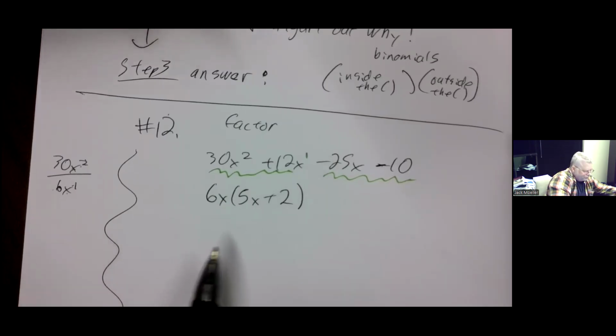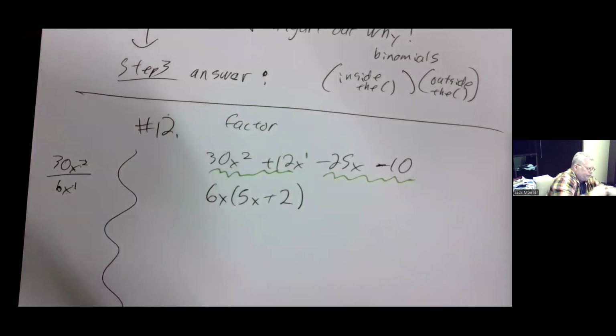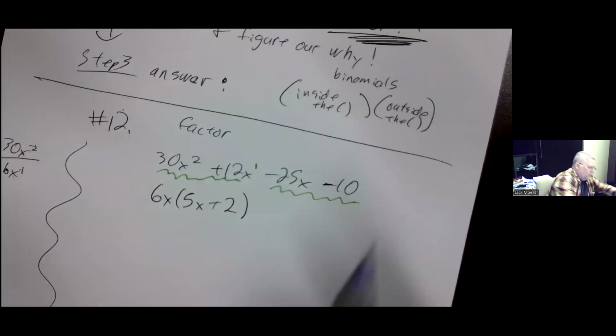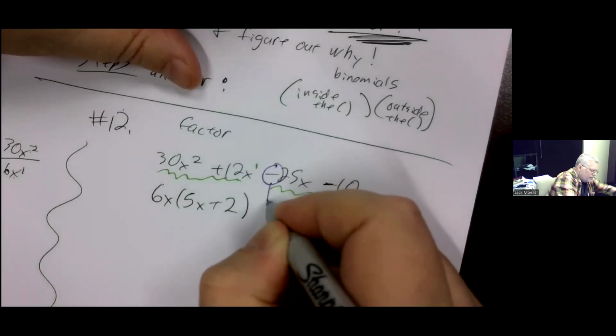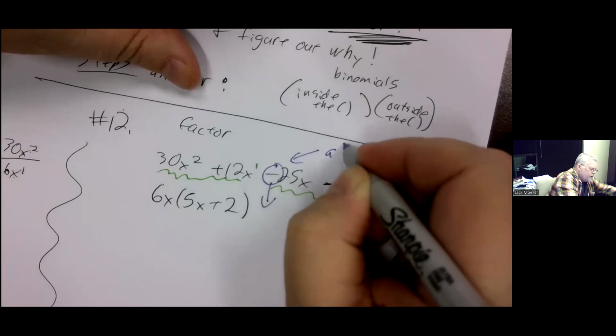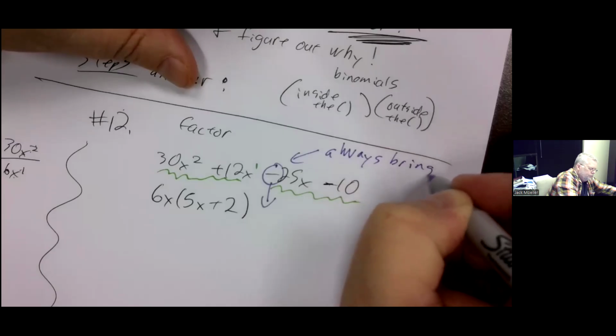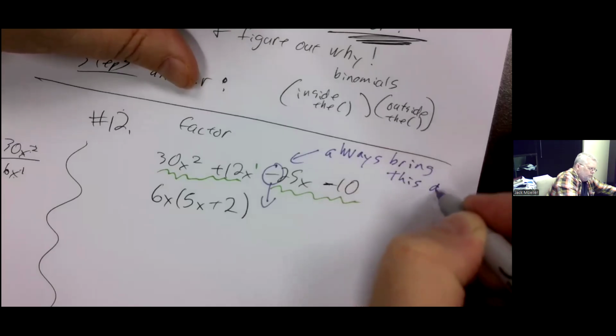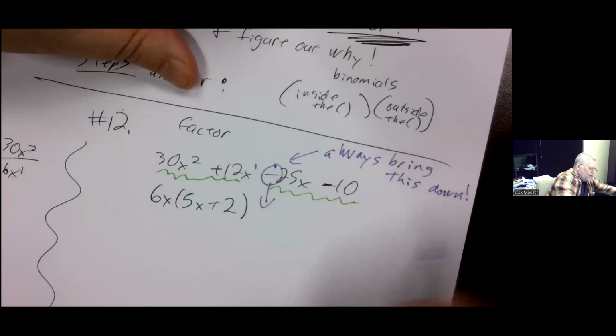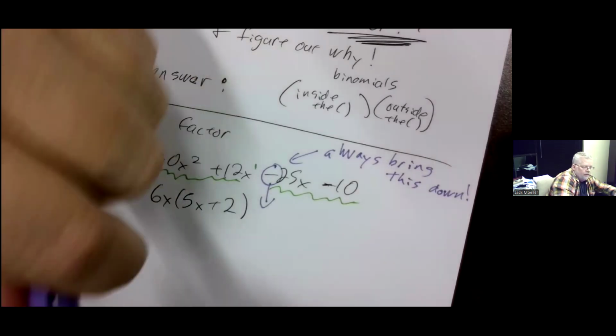Okay. Here's where you have to be careful on the factor by grouping, is this middle sign. This gets lost all the time. So always bring this sign down. That's going to be part of your GCF.